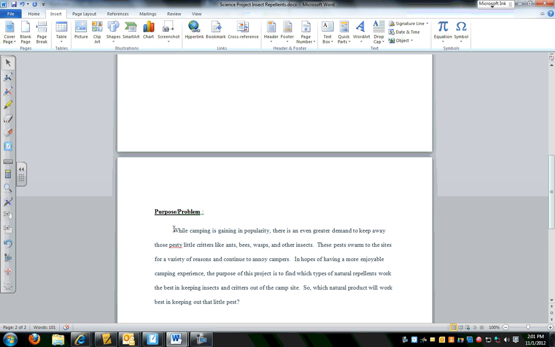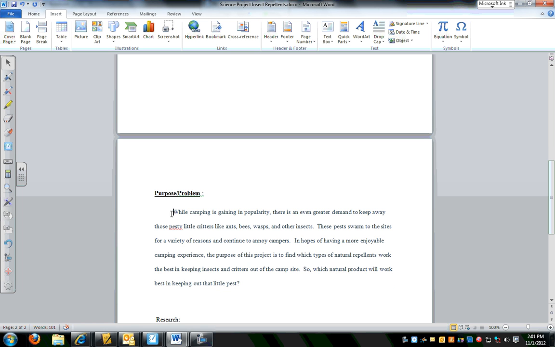When we look at the rubric, it says the research has a proper introduction. There should be a purpose behind the problem. If you don't have a reason for doing the project, then it's not really worth doing. So the project that I developed for this sample is based around the problem of insects bothering people during camping.